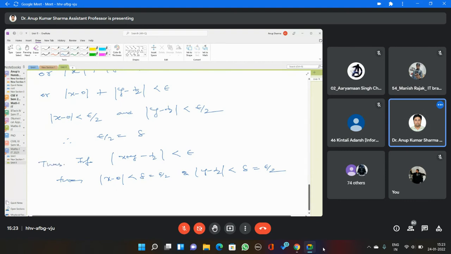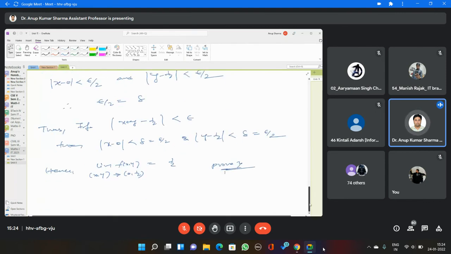Thus, hence, the limit of f(x, y) is equal to half as (x, y) tends to (0, 1/2). Okay, this is proved.